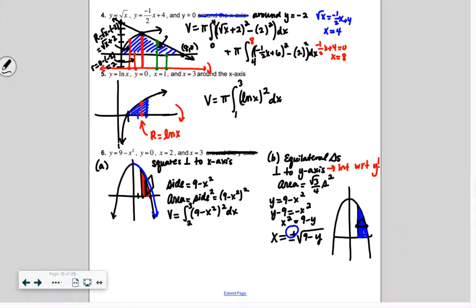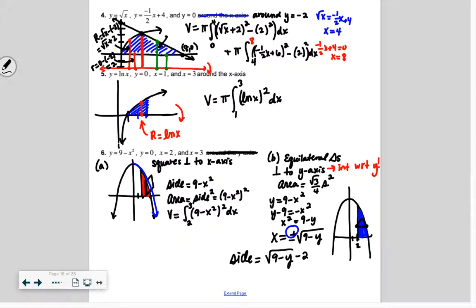So my side then is going to be, what do you think? Is it the square root of 9 minus y? Minus 2. That distance was 2 there. Right? Right side minus left side. This is the right curve. Minus left side was 2. Clearly drawn to scale. See how tiny my 1 is and how big my 3 is.